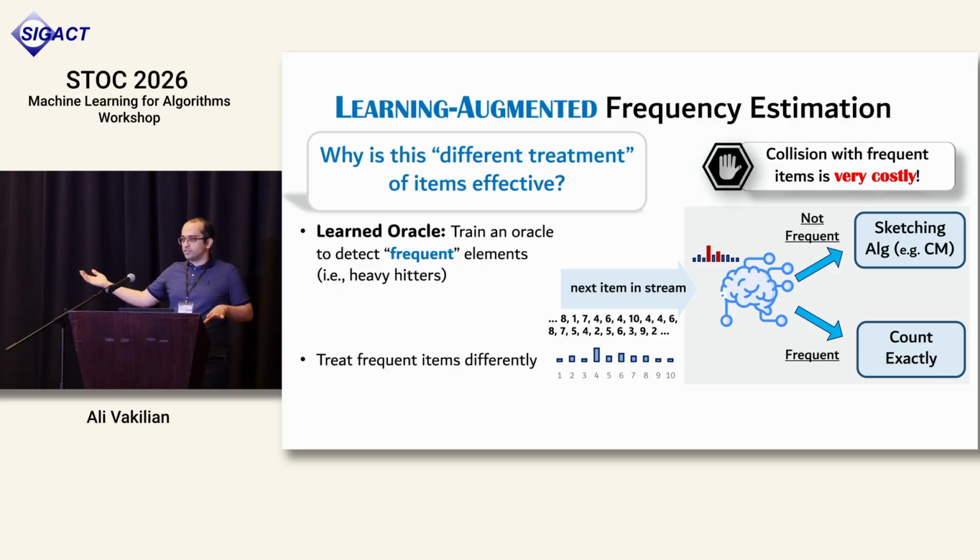Other items do not have to pay a lot in their frequency error, and the frequent items themselves also benefit from it. So that's basically the high level idea. And we also show that even if we know the actual frequency distribution, this is the best thing we can do to separate the high frequency items from the rest.